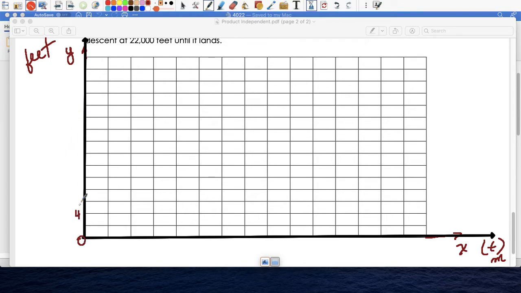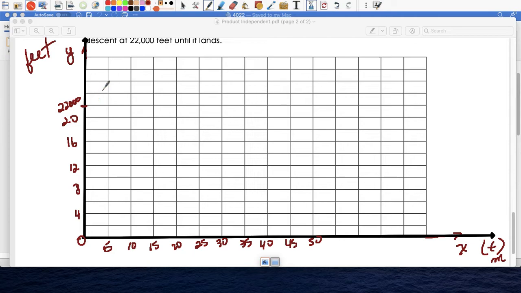I'm going to make this 4, 8, 12, 16, 20, and then obviously I'm going by 2s. This is 22,000. So here's where our airplane is currently. 5 minutes, 10 minutes, 15 minutes, 20, 25, 30, 35, 40, 45, and 50.